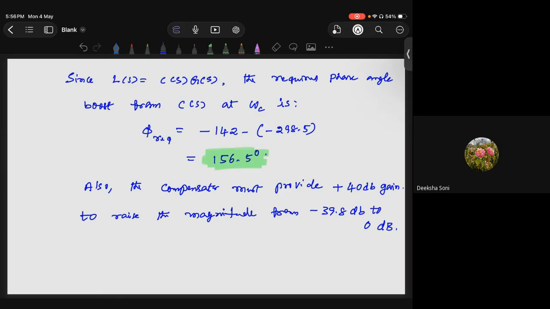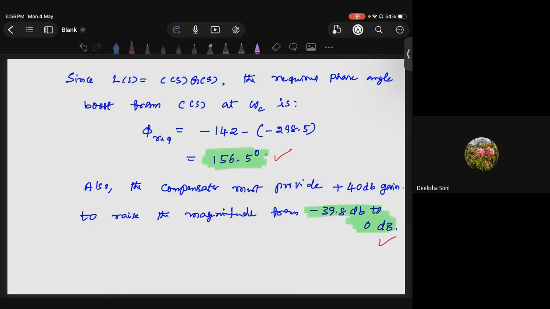The compensator has to do two things: one is to provide a phase requirement of this much, and to shift the magnitude by this much.